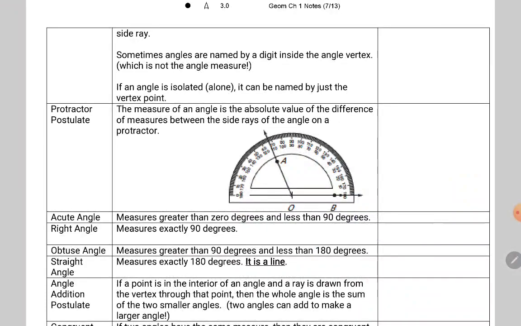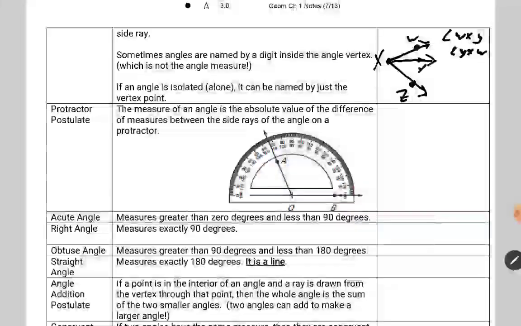So that first one looked like that. But sometimes, let's say we have multiple angles, so we can't just call it, well, here, let me give you an example. Let's call this W, X, Y, Z. We can't just call this angle X because there's angle WXY, angle YXW, so that's going in reverse.